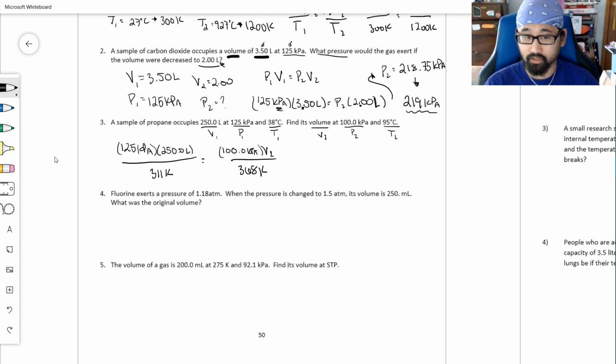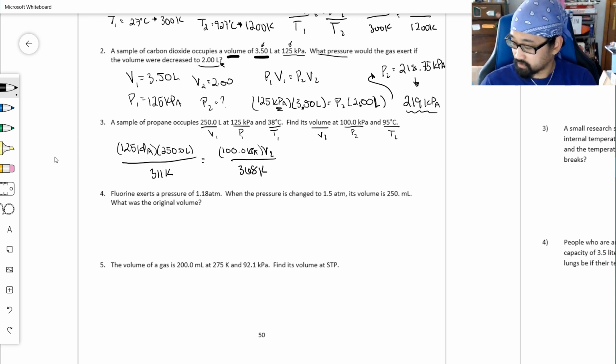Unfortunately, it would not be a correct answer because of how the Celsius scale works. You can heat something up from a negative temperature to a positive temperature, and if you tried that here, and you had a negative temperature on this side and a positive temperature on this side, you would never get them to equal each other. Like, that would just be impossible. So we use Kelvin because there's no 0, because there are no negatives.